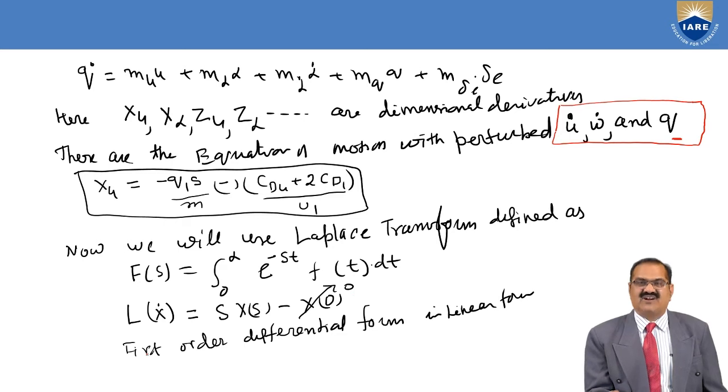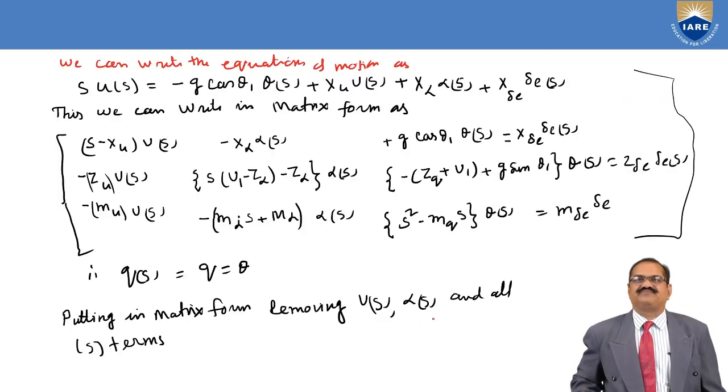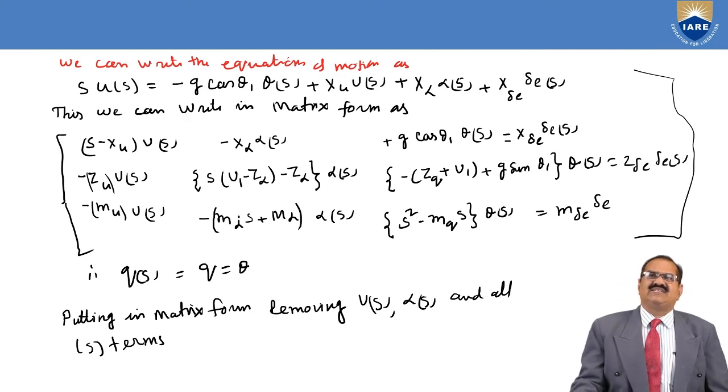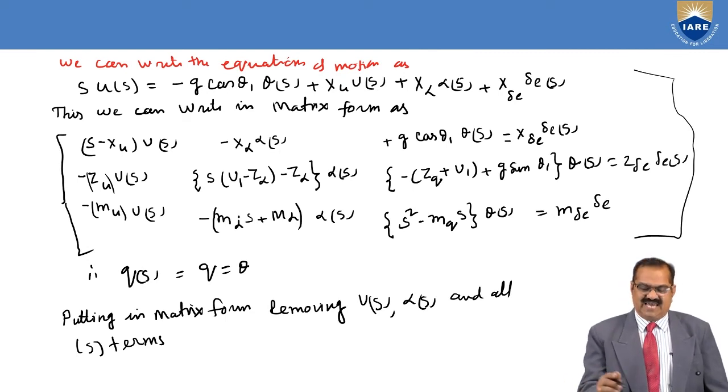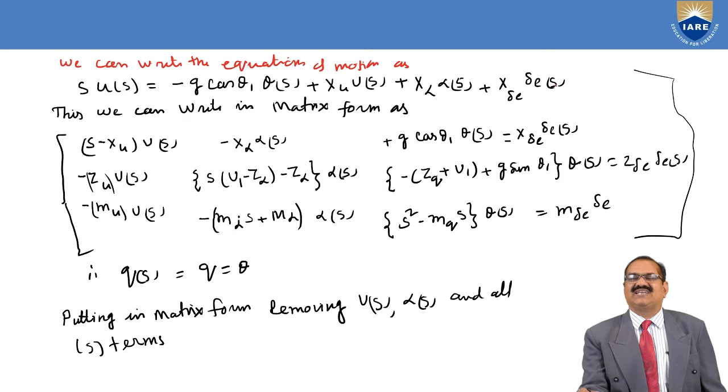So this is a first order differential form in linear pattern. We can also write the equation of motion as s u of s is equal to minus g cos theta 1 theta of s plus x u u of s plus x alpha alpha of s plus x delta E into delta E of s. So we are transforming these three equations.